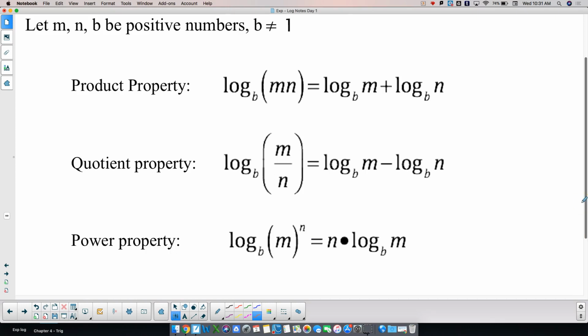And my last one is the power property. The power property says that if there is an exponent, I can put that exponent out in front of my log.